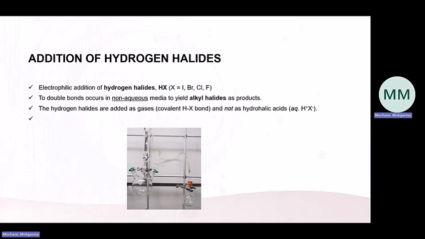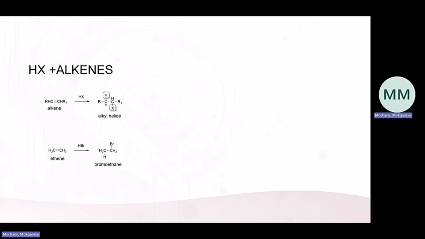Now the product in this case, of a hydrogen halide added into the alkene, is an alkyl halide. Let's take an example of such a reaction. This is what we have actually. Remember HX. The X symbolizes your group 7 elements, which are the halogens. And the rest of the naming is called hydrogen halides.